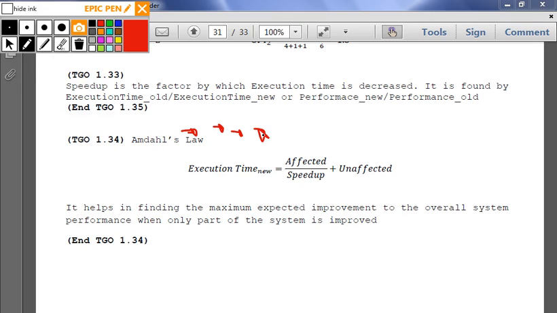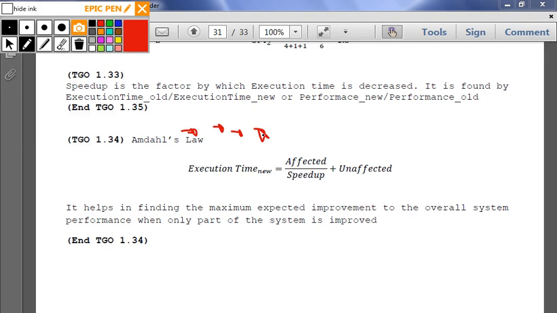So in the problem we had earlier, with instruction classes A, B, and C, remember for computer 2, instruction class A required 4 instructions, right?